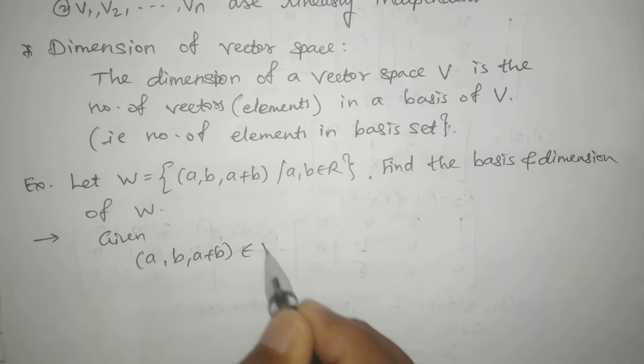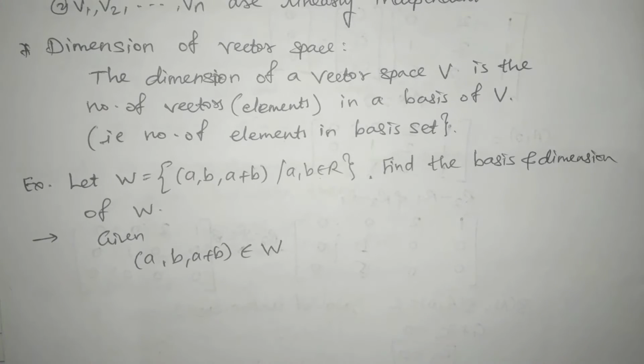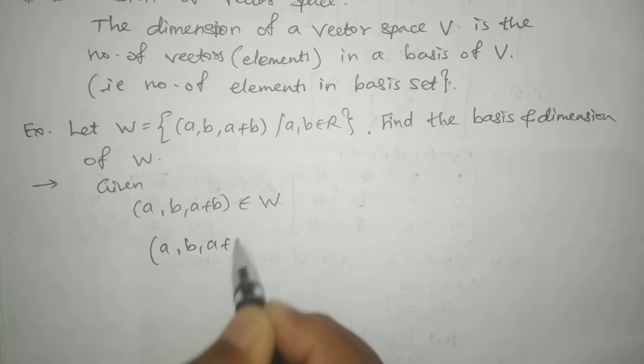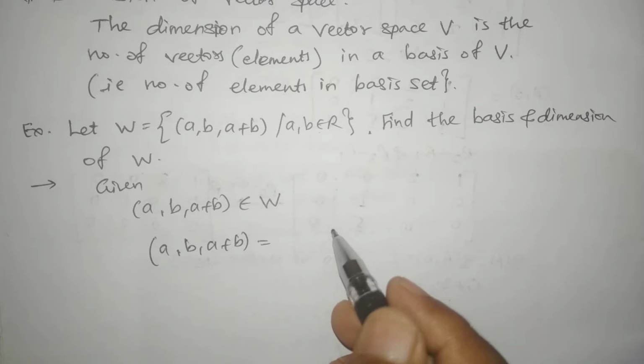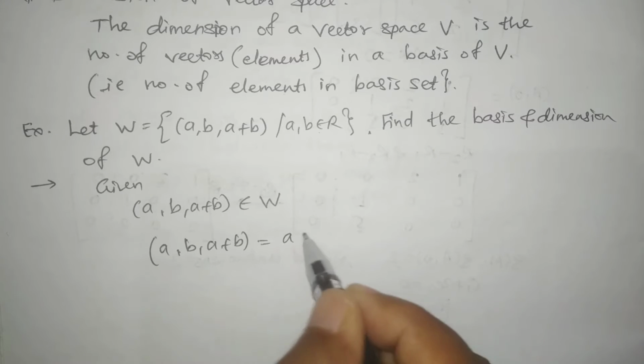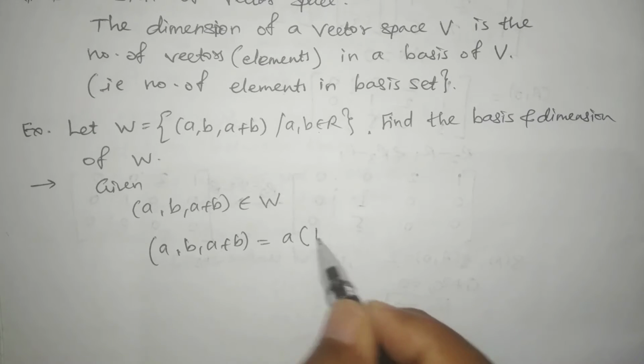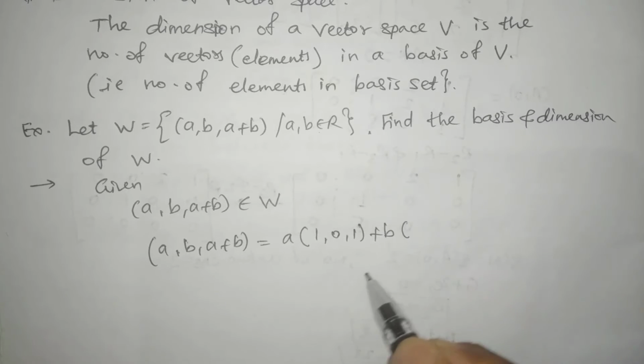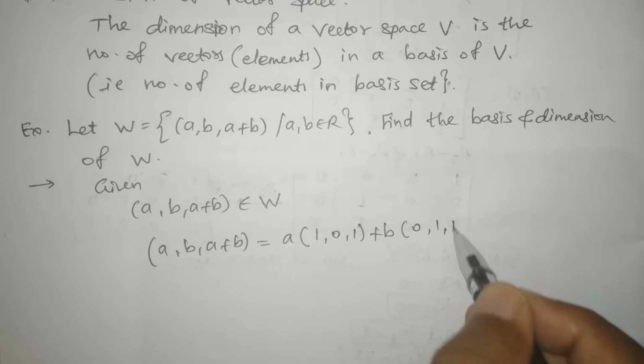Suppose this is an element from W. Now this element (a, b, a plus b) can be written as follows. If you take a common, you can write a into (1, 0, 1). When you take b common, you will get (0, 1, 1).